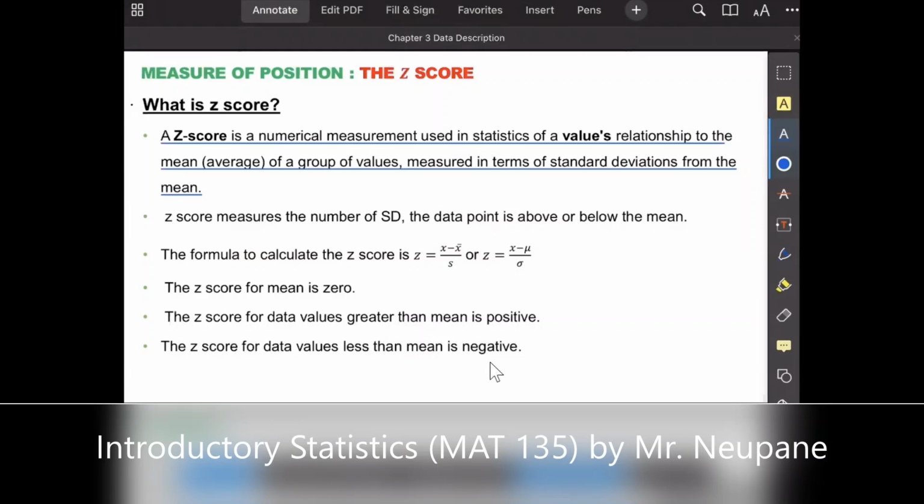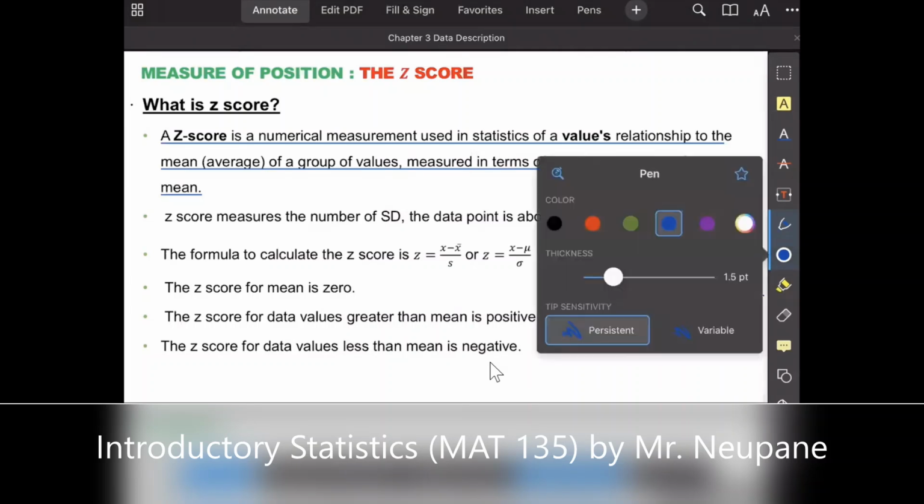Meaning, if you draw the normal distribution like this, here in the middle you have the mean, then we go mean plus 1 standard deviation, mean minus 1 standard deviation, mean plus 2 standard deviations on this side, and on this side mean minus 2 standard deviations, and so on.